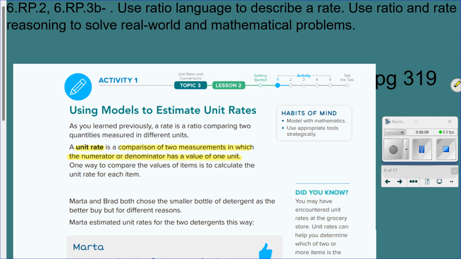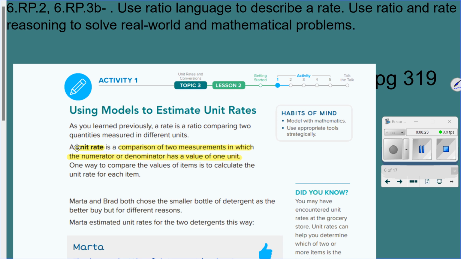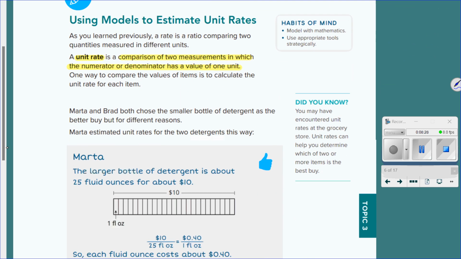Basically, it's saying you have the ability to switch either one to 1, and that will give you your unit rate. I'll find that one on your vocab sheet as well. Make sure you filled in that blank, and go ahead and highlight it in your book.